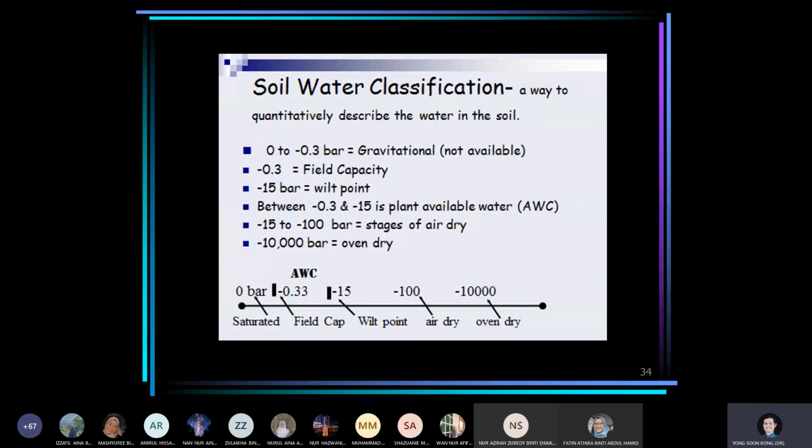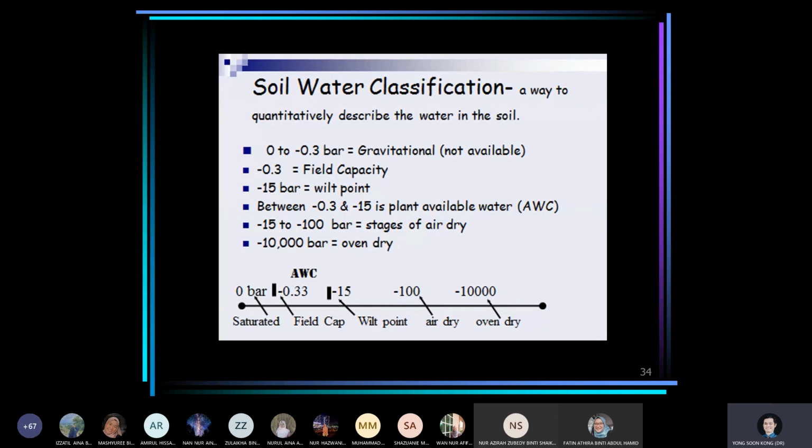So these are the things that you need to know. No need to memorize every single word in this slide. Like I said, it is compulsory for you to learn the states of water, what types of water. So the so-called water potential is just part of it.